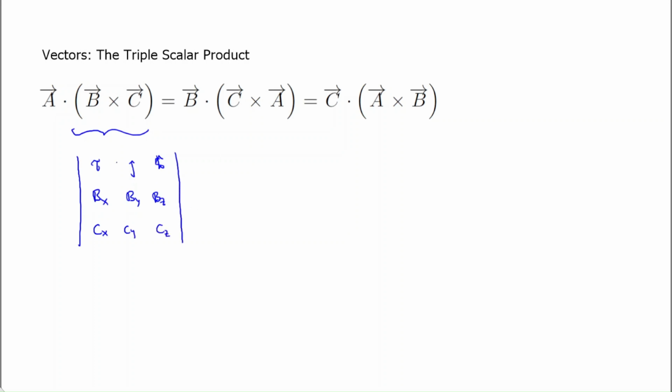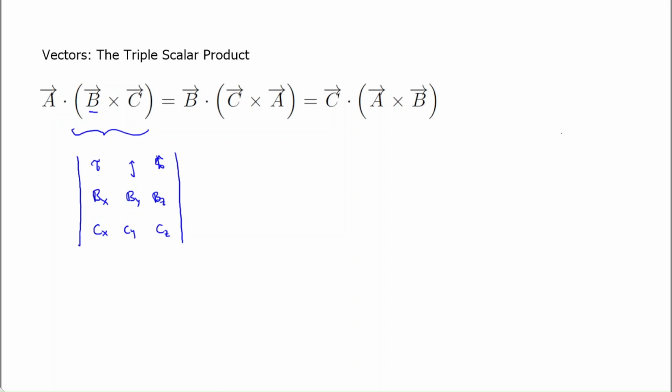So this top row are my unit vectors I, J, K. Second row are the X, Y, Z components of the first vector in the cross product, and then the last row, the second vector in the cross product, Cx, Cy, Cz.